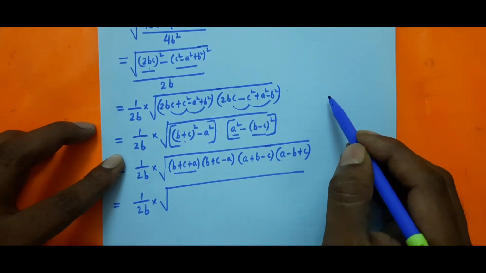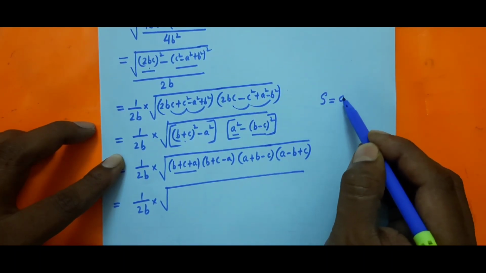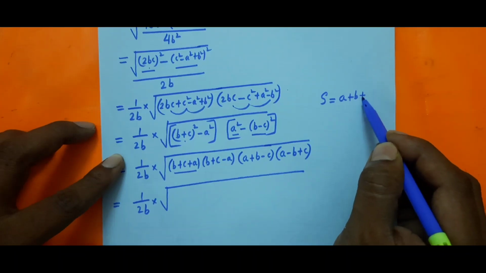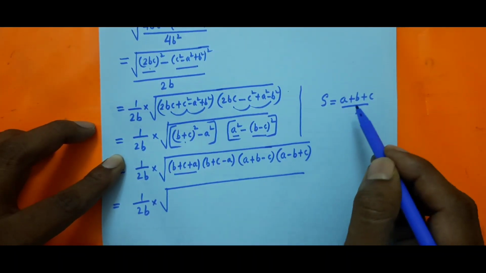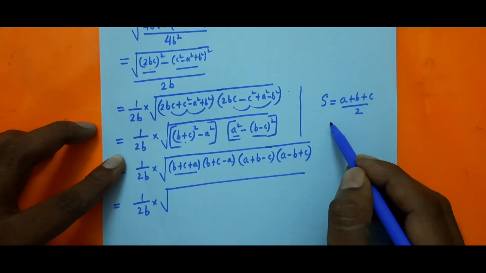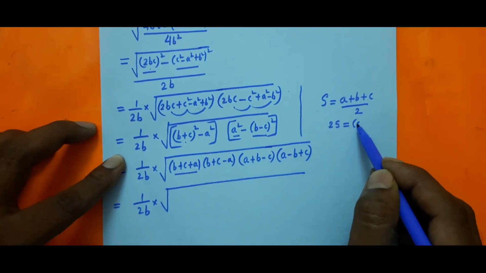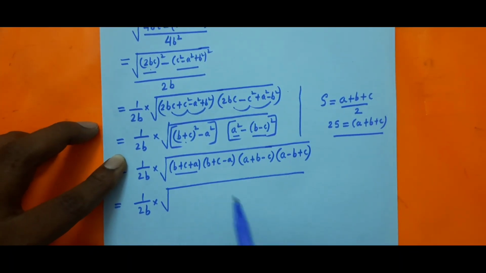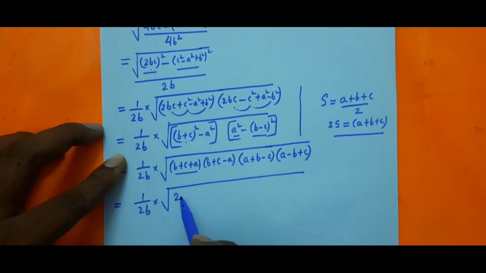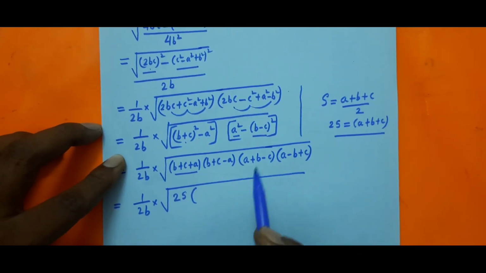Already in the formula I told you s is equal to (a plus b plus c) by 2, nothing but the semi perimeter of the triangle. Then 2s is equal to a plus b plus c. So in the place of a plus b plus c, I can write 2s.